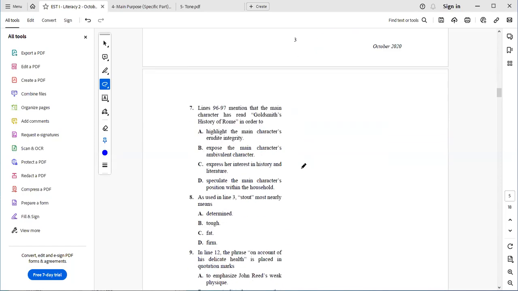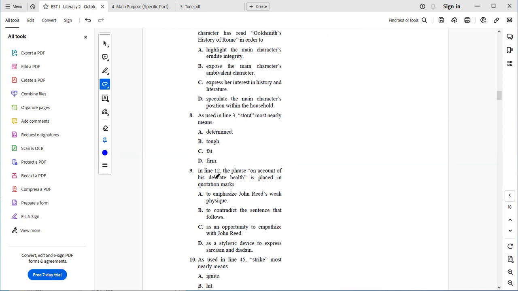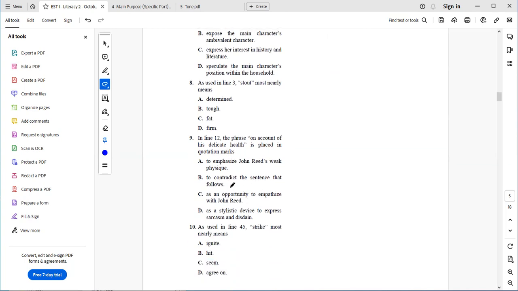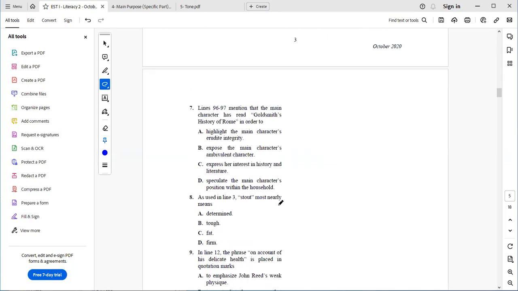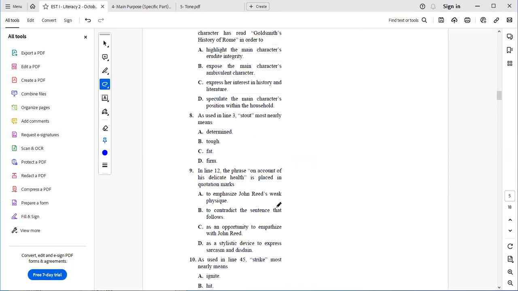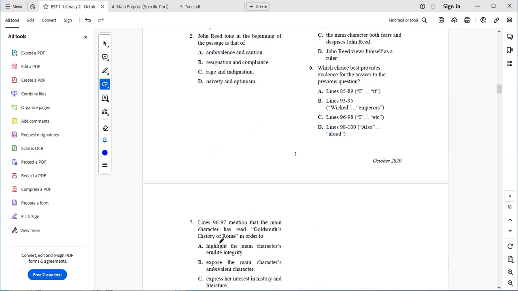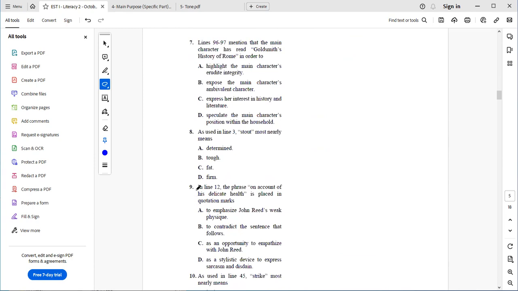So 4 and 7. 8 is vocab. 9, this is from the average, inference and function. 10 is vocab. Done. So you're only going to solve the inference and function for this passage: 4, 7, and 9.